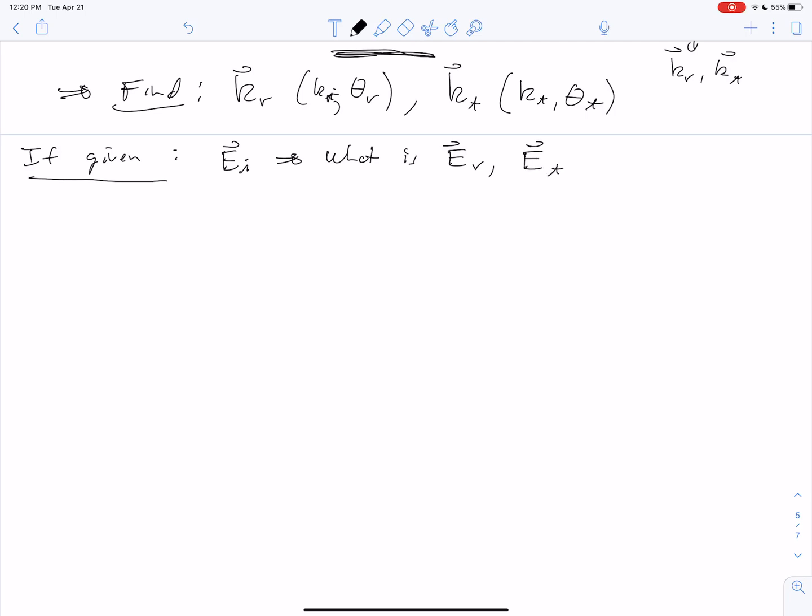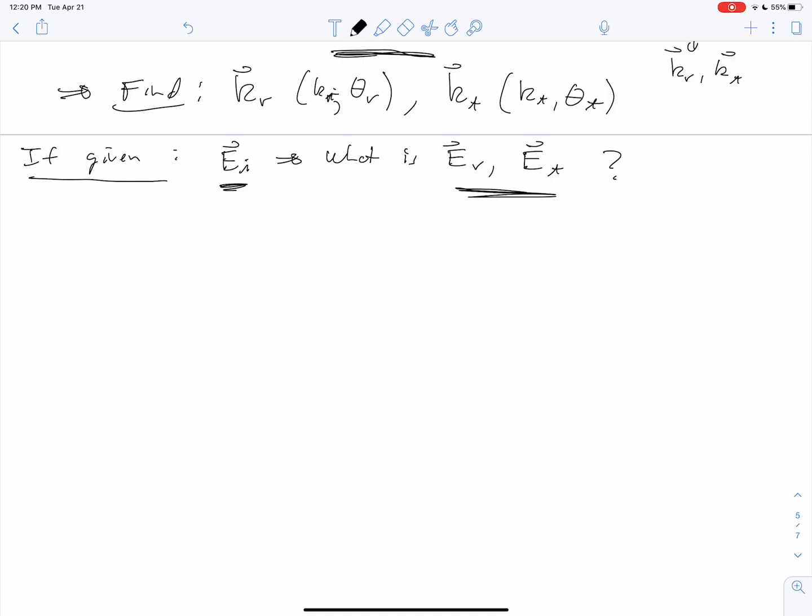What is the amplitude of the reflected and transmitted electric field if we're given the incident? So this is the one that is not obvious. We got the K's, but what are the E's? All right, so let's answer this question.